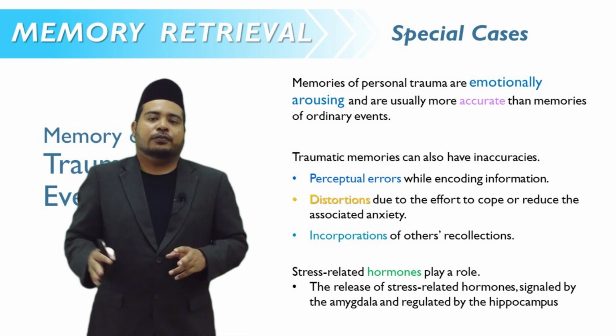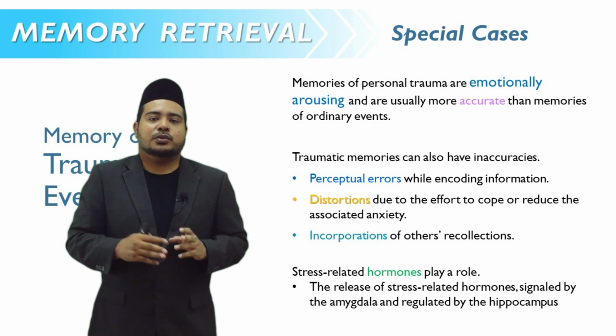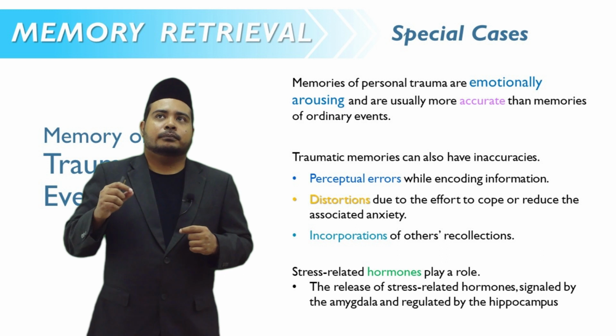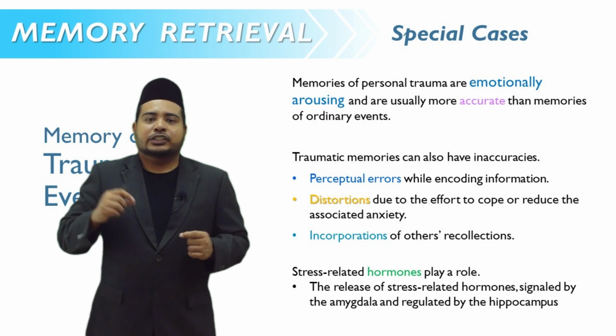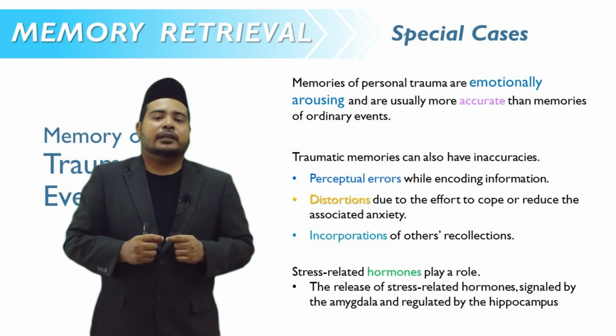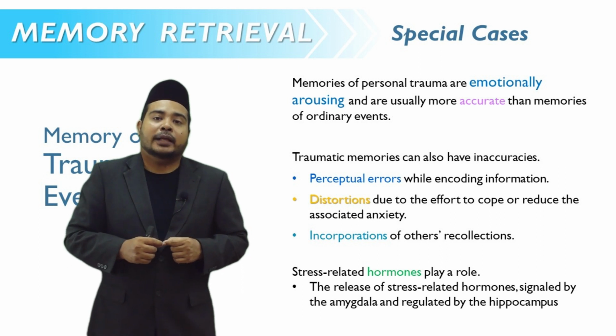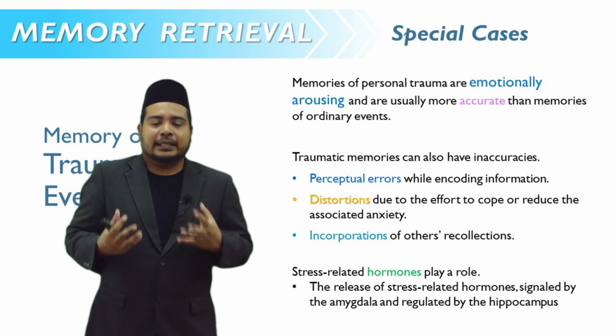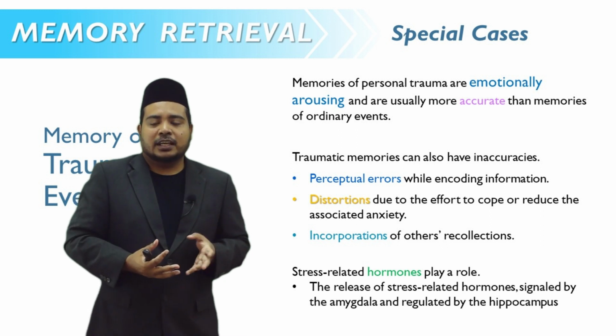Distortion is due to efforts to cope or reduce the associated anxiety. People change or modify their memory because they don't want to feel the anxiety, the sadness, because of those traumatic events.